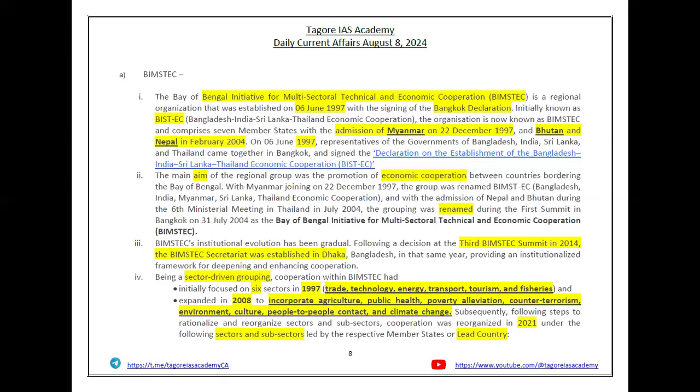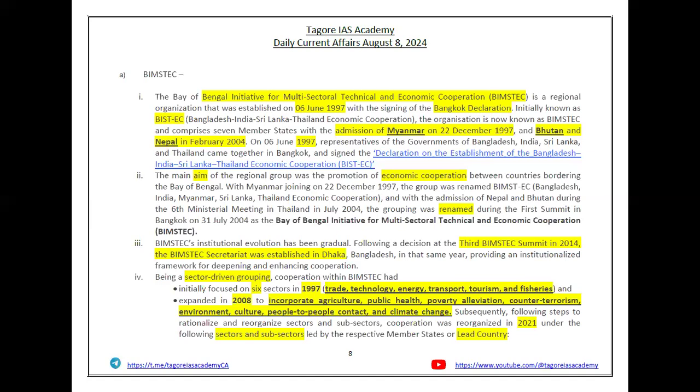Coming on to BIMSTEC, the full form stands as Bay of Bengal Initiative for Multi-Sectoral, Technical, and Economic Cooperation. Now it mentions economic cooperation, but it has failed to sign the free trade agreement as yet. It was established on 6 June 1997 through the Bangkok Declaration.